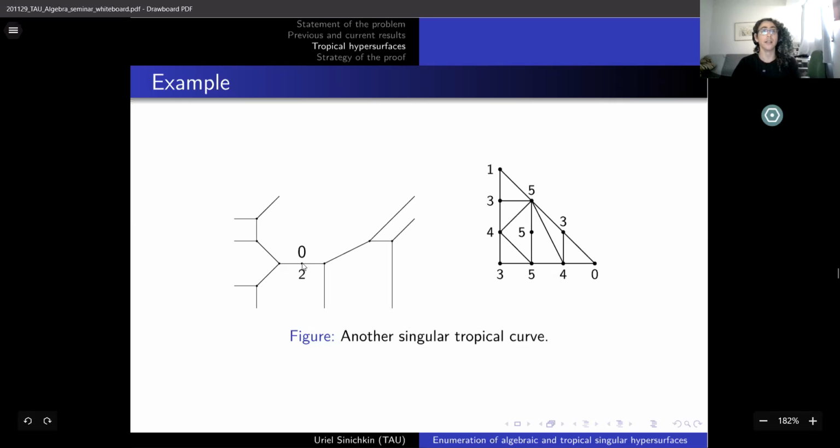It's just the notation for this singular point. And it's the midpoint of this edge. And how can we maybe see that it's a singularity? So we can assign to all the edges a weight. And the weight is the lattice volume of the corresponding cell in the subdivision.